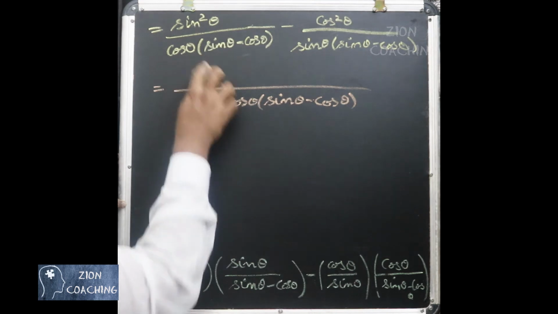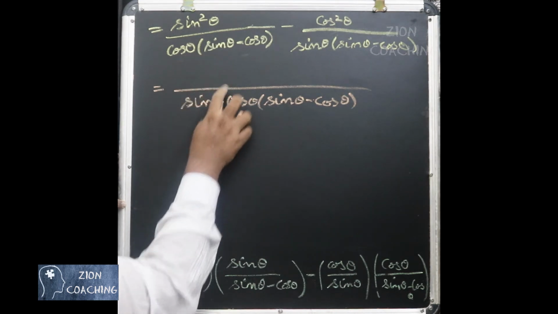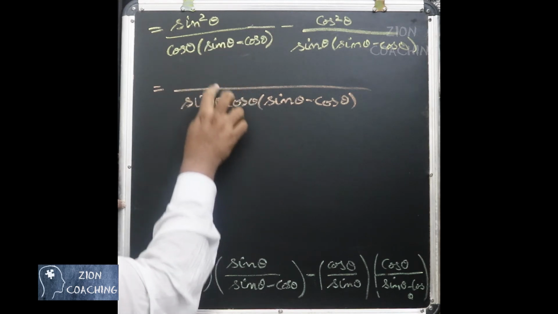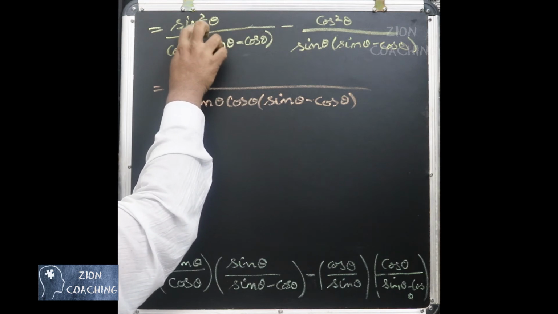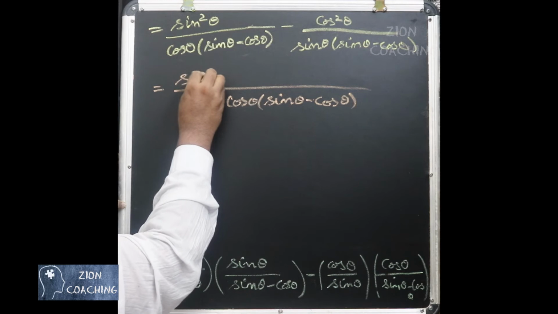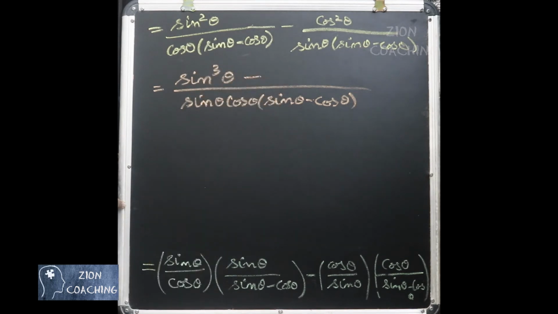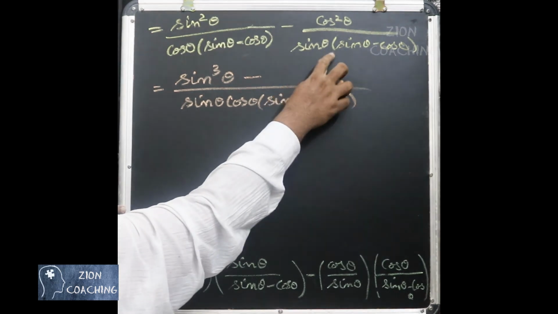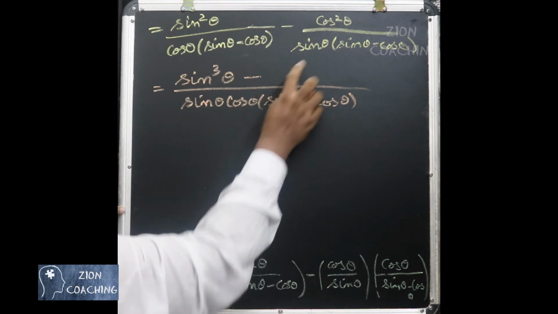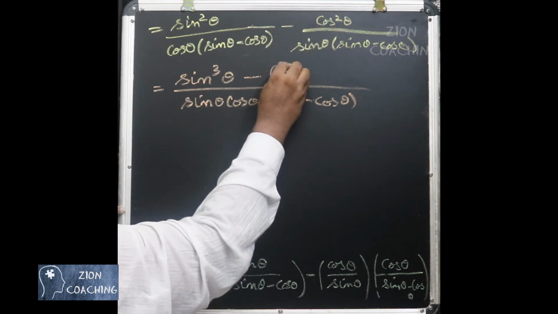Now when you compare this, what is extra here is sin theta. So this denominator is getting multiplied by sin theta. Similarly, the numerator also should be multiplied by sin theta. When you multiply sin theta with sin squared theta, you get sin cube theta minus. Then when you compare this with the denominator here, what is extra is cos theta. So numerator also should be multiplied by cos theta, then you will get cos cube theta.